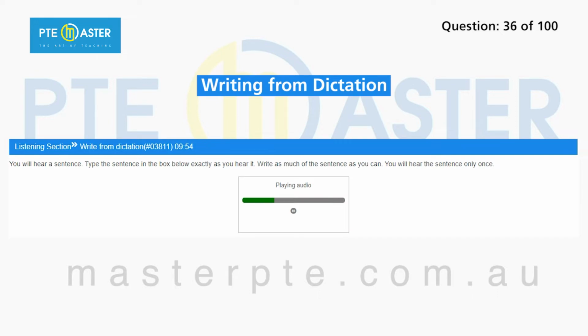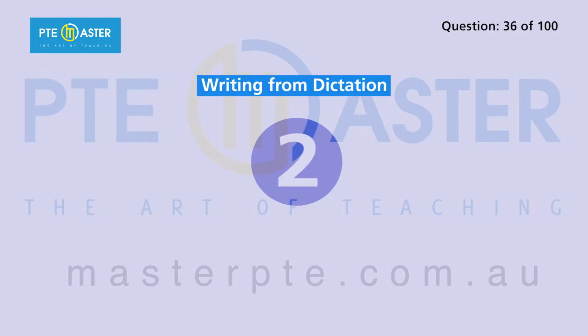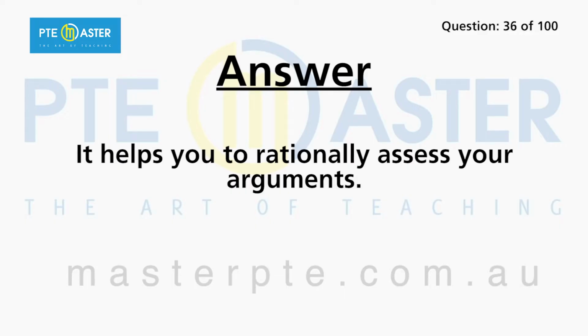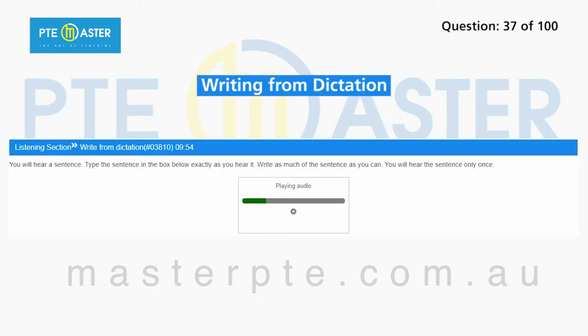It helps you to rationally assess your arguments. Measures must be taken to prevent the unemployment rate from increasing.